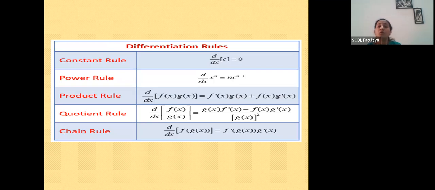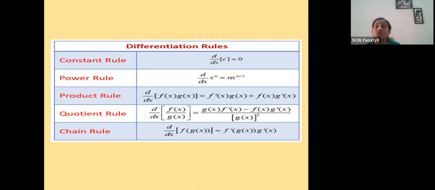After the product rule, the quotient rule. Quotient rule means division rule: d by dx of f of x upon g of x is g of x f dash x minus f x g dash x upon g x whole square. In this quotient rule, when f of x upon g of x is given, first multiply g of x with f dash x minus f x with g dash x.